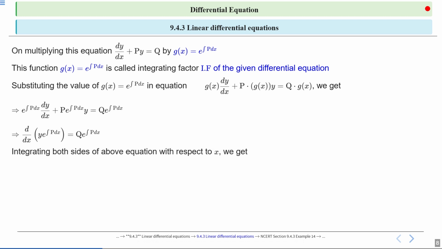So now we integrate both sides of the above equation with respect to x, we get y into e to the power integral of p dx is equal to the integration of q into e to the power integral of p dx dx.